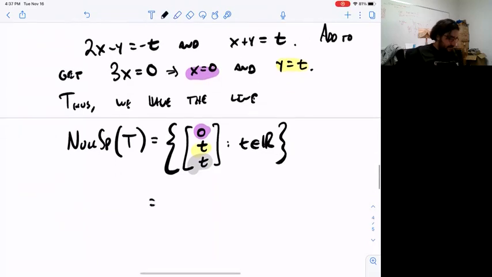So this is, what is this? This is the line that goes through the origin, right? And it always has x equal to 0 and has y and z equal to each other, right? That's what we're getting as the null space here. So another way to look at this is t times 0, 1, 1.